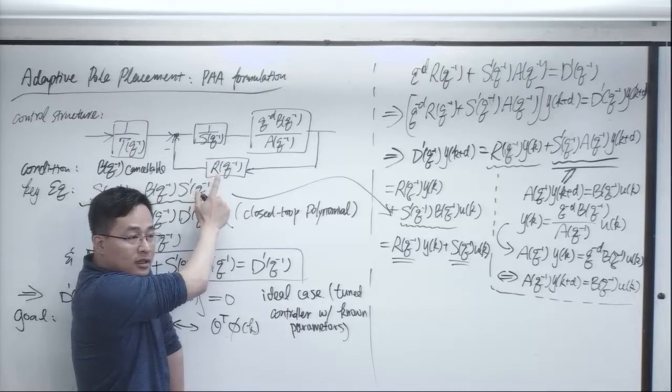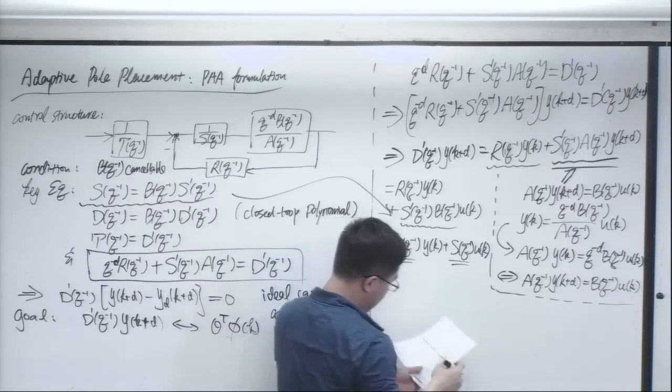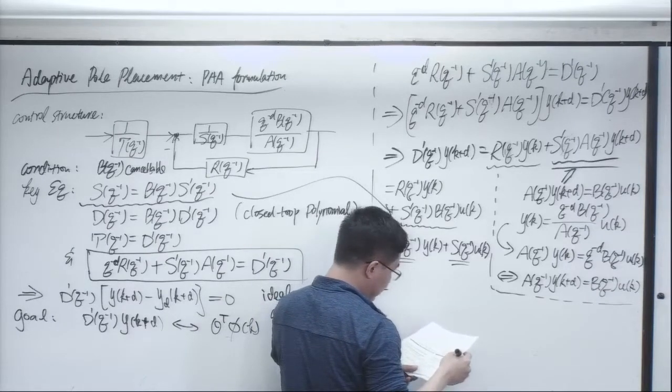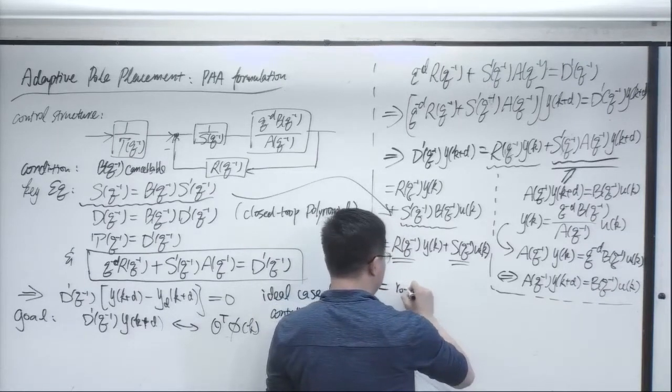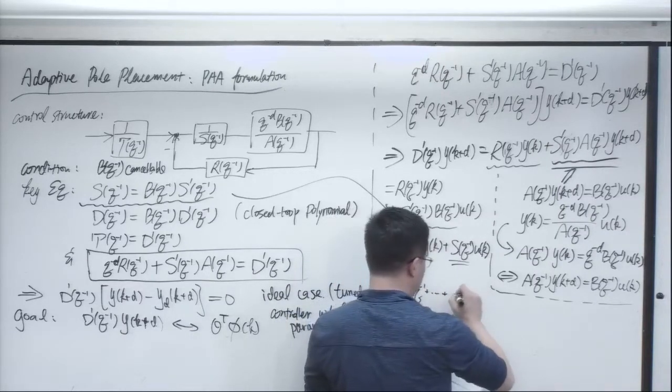So if I write R, as we have written it down from last time, R is R0, R1, up to Rn minus 1.